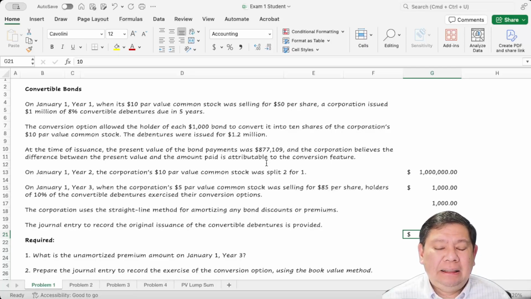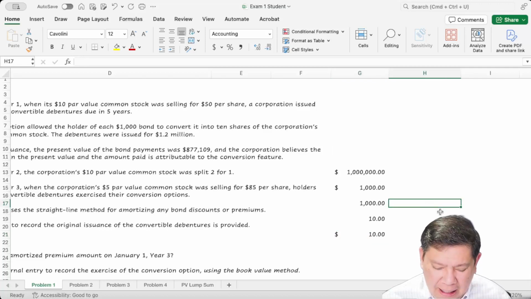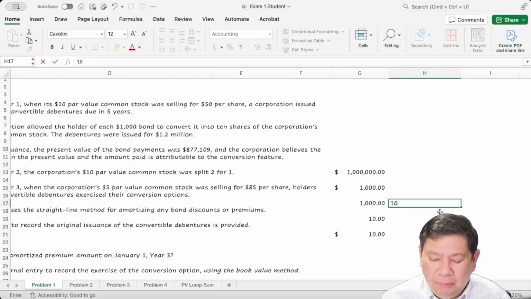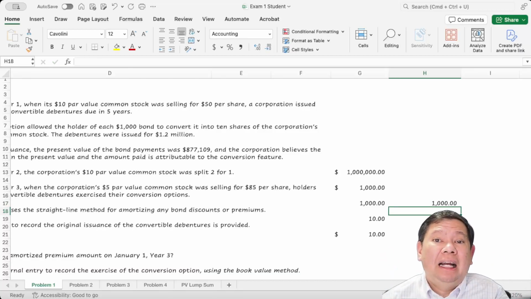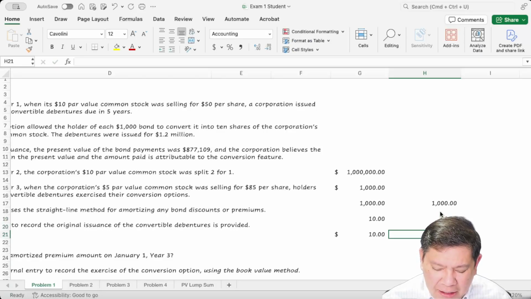And then there is a stock split, so there are still 1,000 of them, $1,000 bonds, but now they can get 20 shares at the par value of $5. So that's after the stock split.